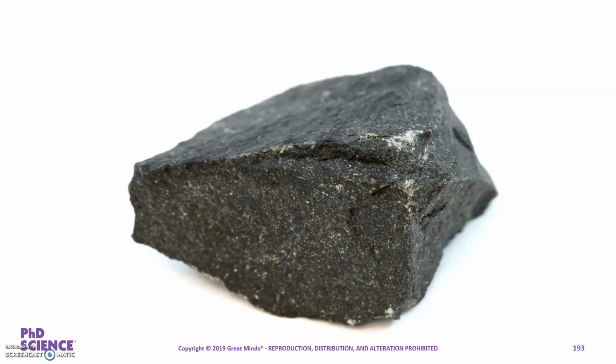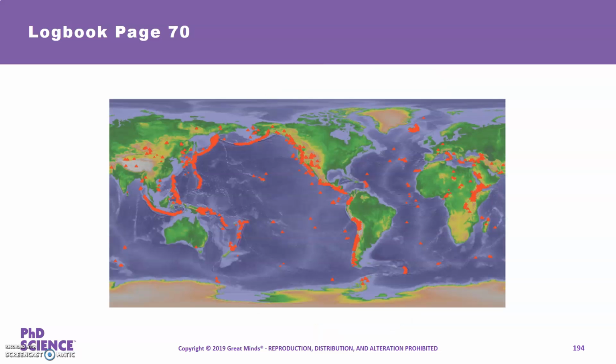So now we're going to take a look at a map. Before I switch over to the map, I want you to think back to the mountain range map that we looked at yesterday and the map of the earthquake locations that we looked at earlier. And I want you to see if you see any similarities between those maps and this one.